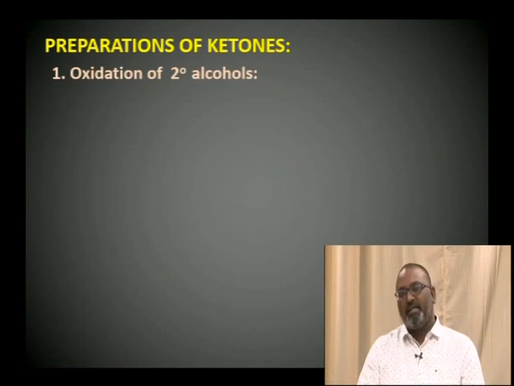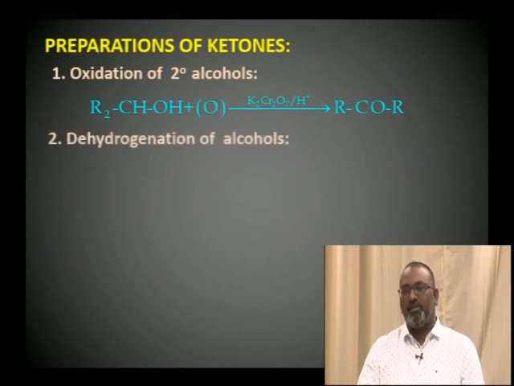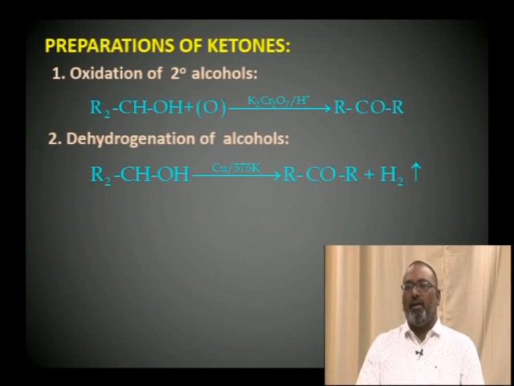When we discussed preparation of aldehydes, we observed that oxidation of primary alcohols produces aldehydes, whereas oxidation of secondary alcohols produces ketones. Next, dehydrogenation of alcohols: when alcohols are dehydrogenated in the presence of red hot copper, we produce ketones.